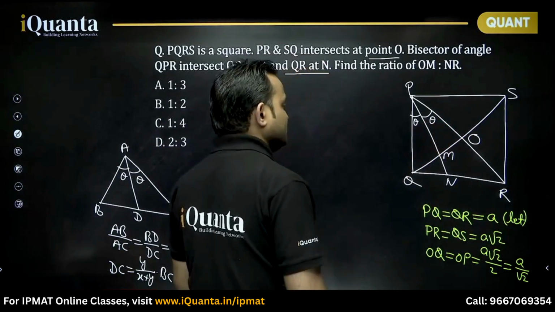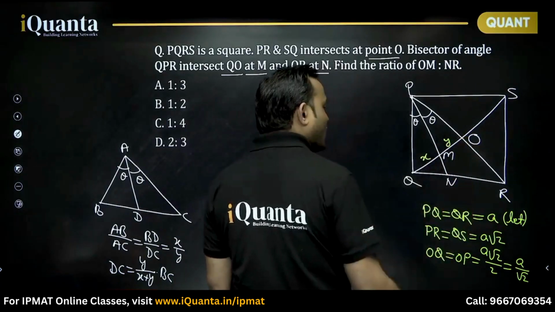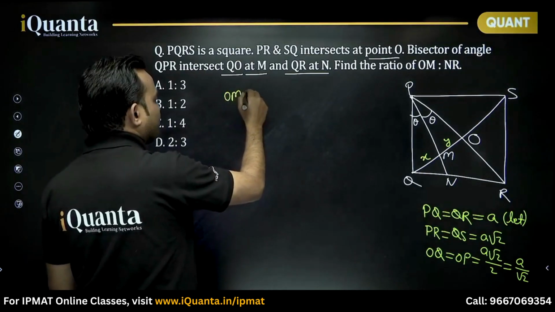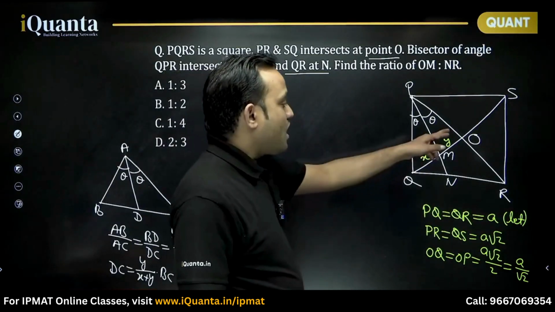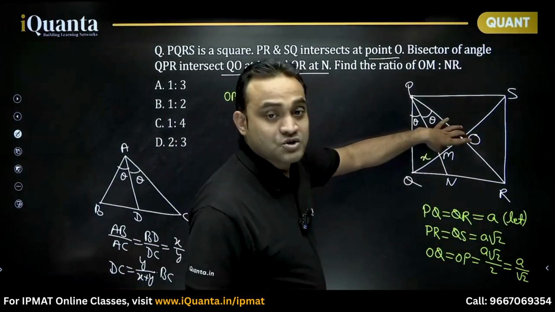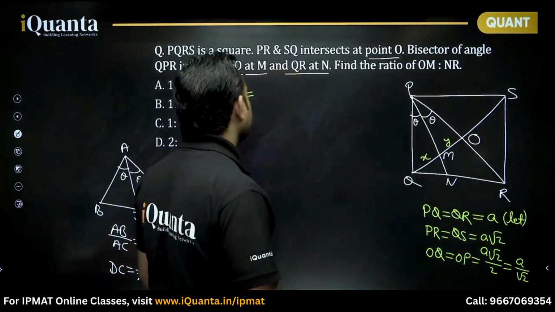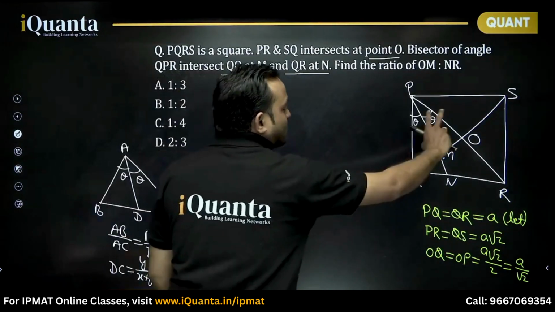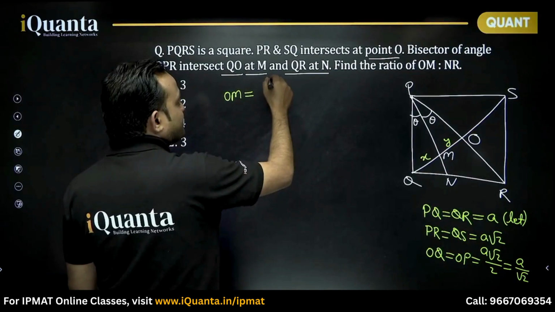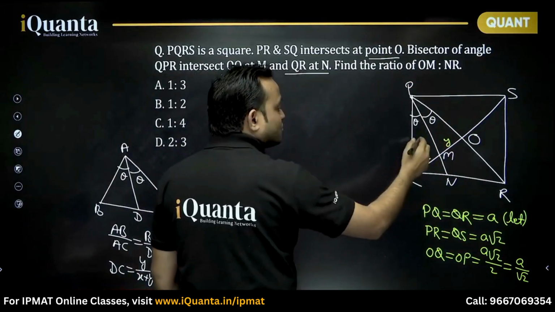Think about this. Can we say if this length is x, this length is y, then OM will be equal to y upon x plus y times OQ. Now what will be y? So QM is to OM is equal to PQ upon OP, right? PQ upon OP. And what is PQ upon OP? If PQ is A, then we can say OP will be equal to A by root 2.